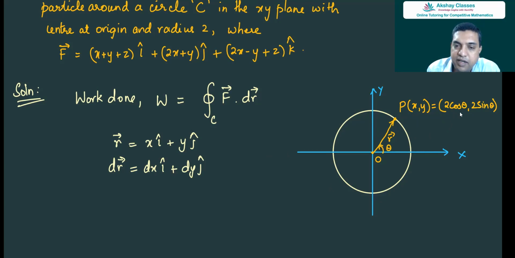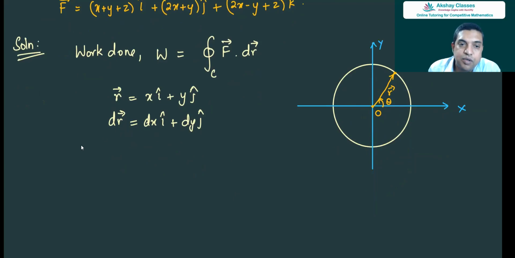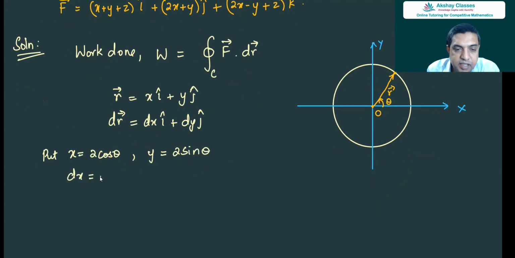So put x is equal to 2 cos theta, y is equal to 2 sin theta. So dx is minus 2 sin theta d theta, and dy is 2 cos theta d theta.